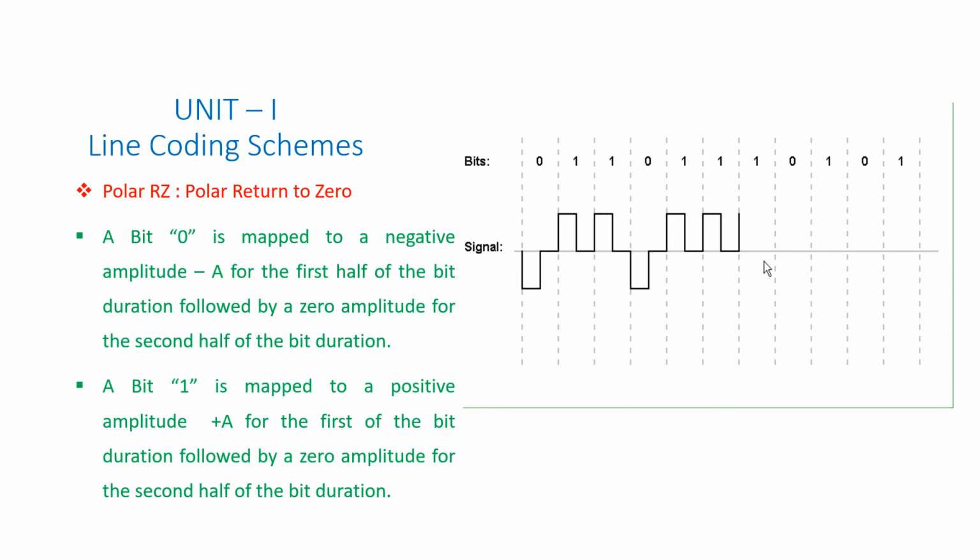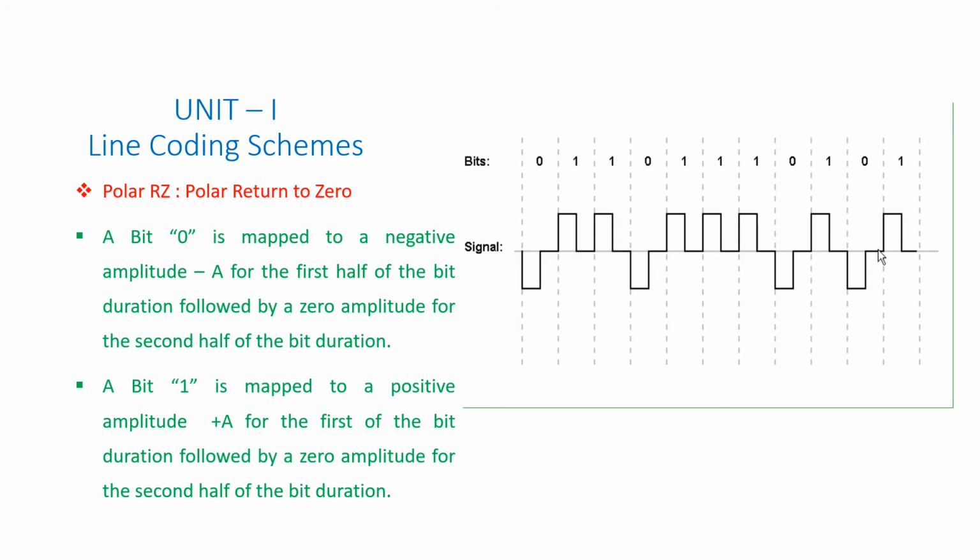Again here it continues up to 0, minus 5 volts, half of it 0, and for the case of 1, plus 5 volts, and for the next half it will be continuing to 0. When it comes to 0, minus 5 volts, and again half of the cycle will be getting to 0.